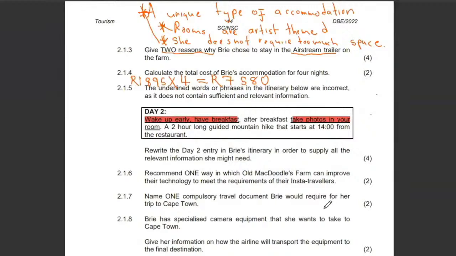So we can actually say day 2. Breakfast is served. On day 2, we have breakfast being served.